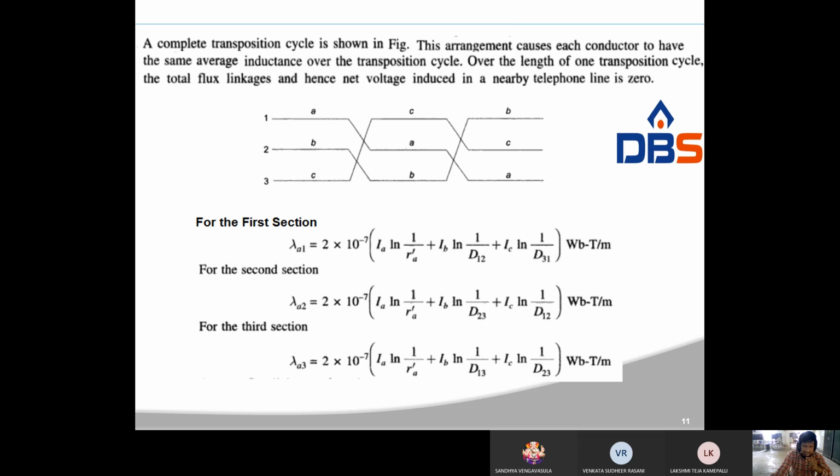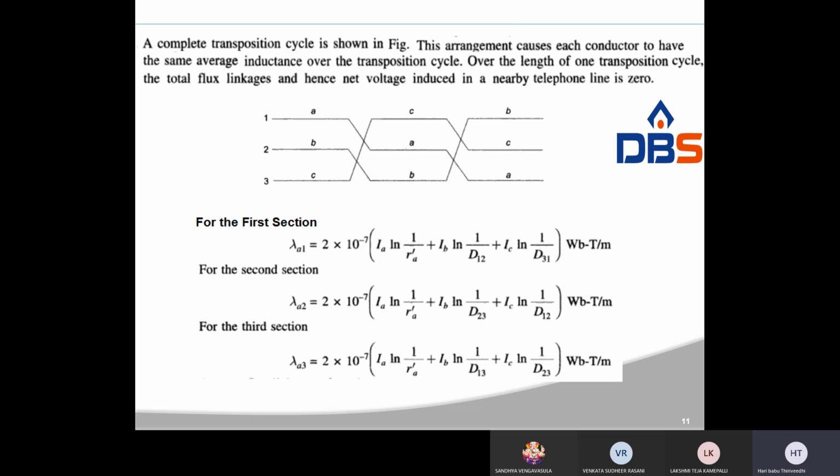Similarly, for the second section, 2 into 10 power minus 7, IA ln 1 by RA dash, IB ln 1 by D23. Why? Because here the second position is A, but in the first, look carefully.